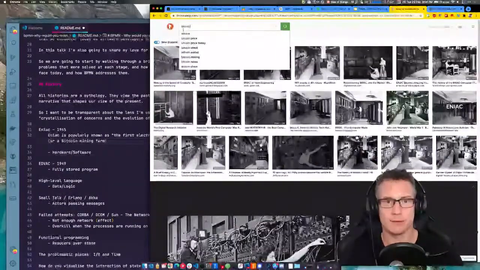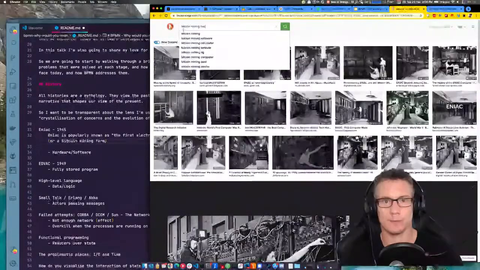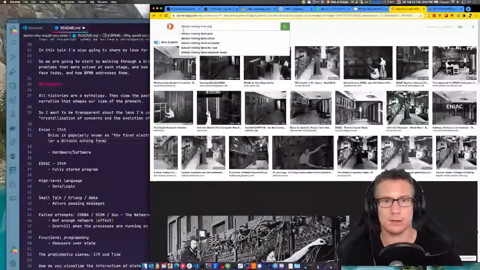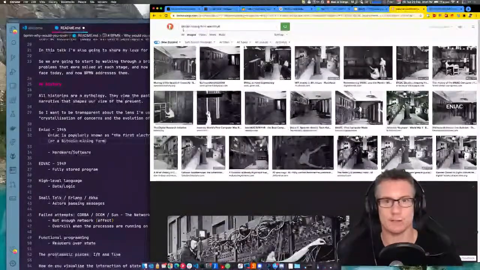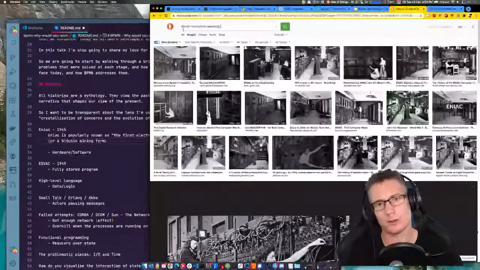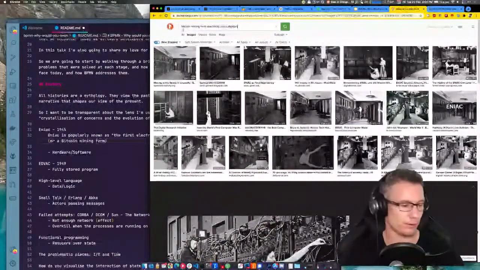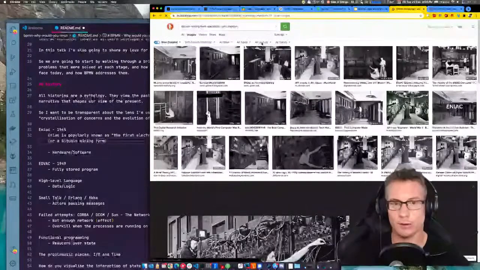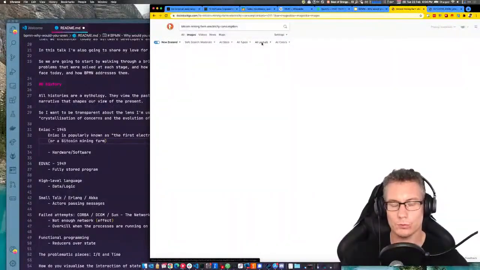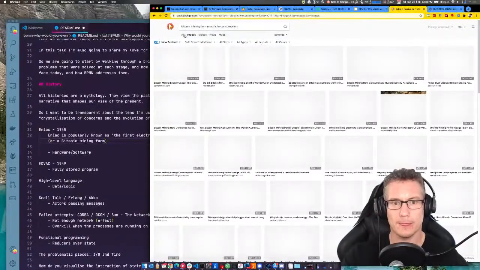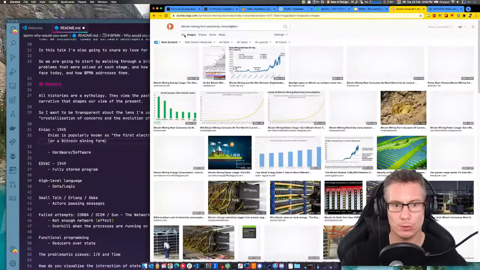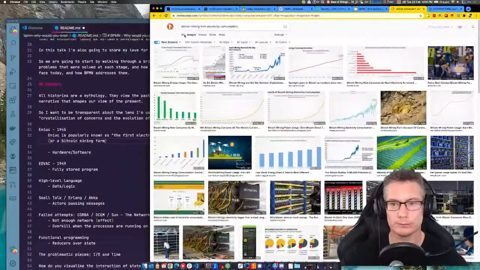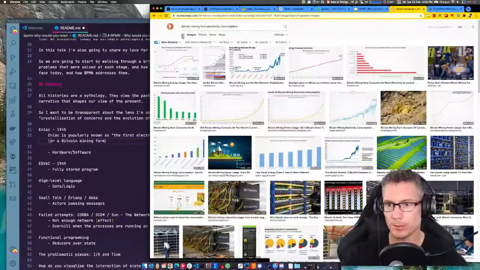Bitcoin mining farm electricity usage consumption. Bitcoin mining now consumes as much electricity as Iceland.